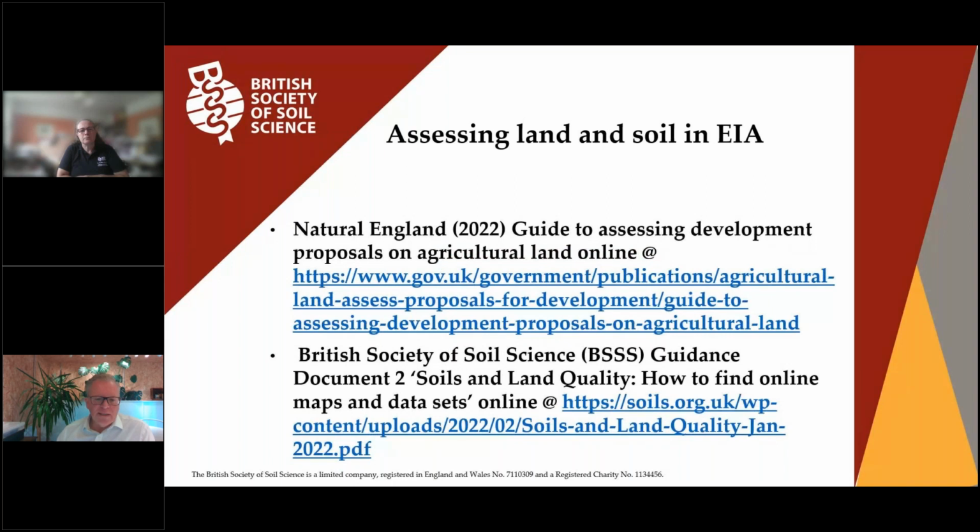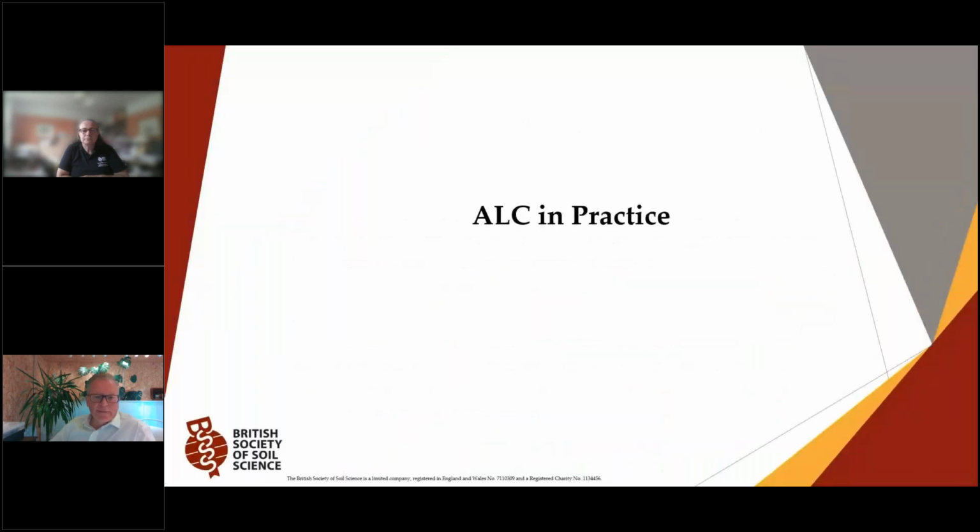So other useful guides produced by Natural England, the latest policy and description of the agricultural land classification system is set out in a very helpful note by Natural England on the government website, that link provided. And the British Society of Soil Science has also provided guidance, document number 2 on soils and land quality, and that sets out a very useful means to find maps and relevant data sets that would be useful to your impact assessment. Next slide, please.